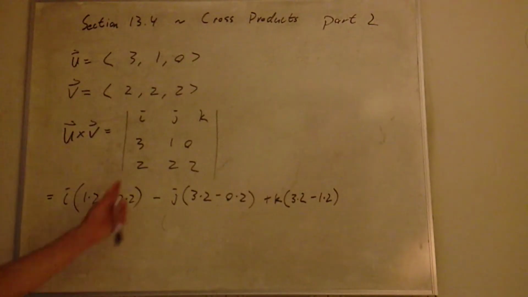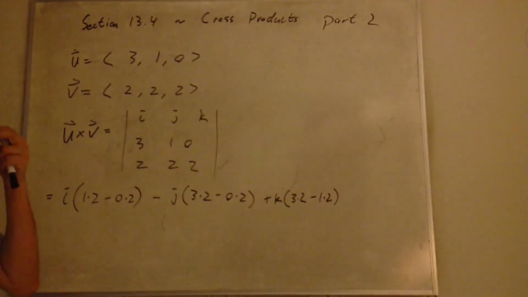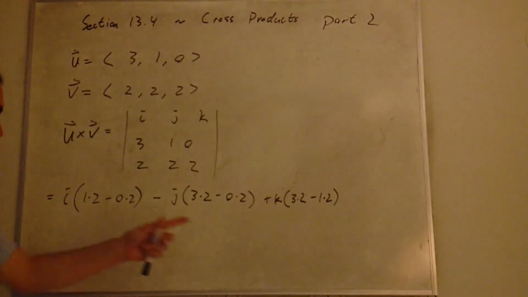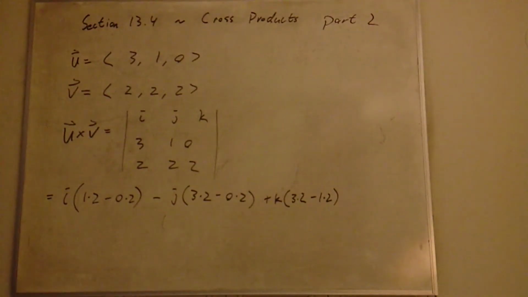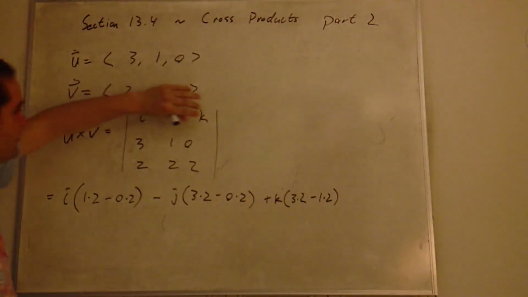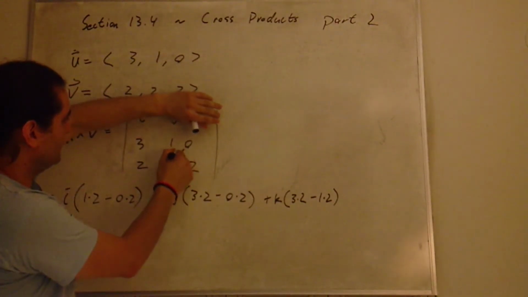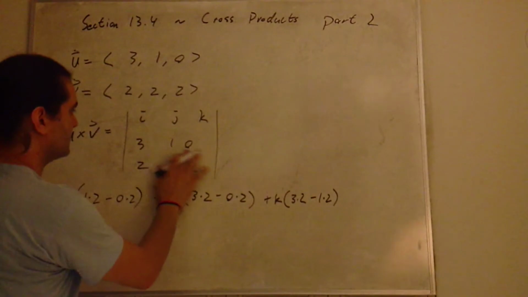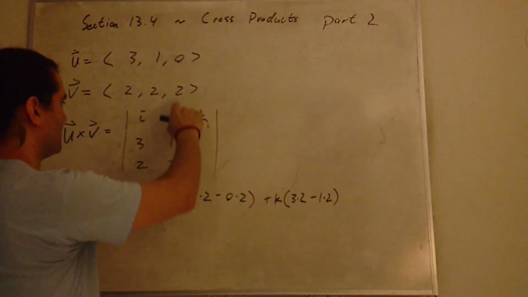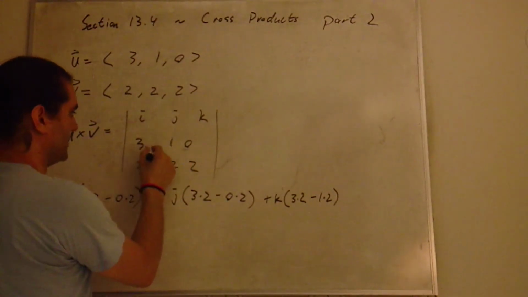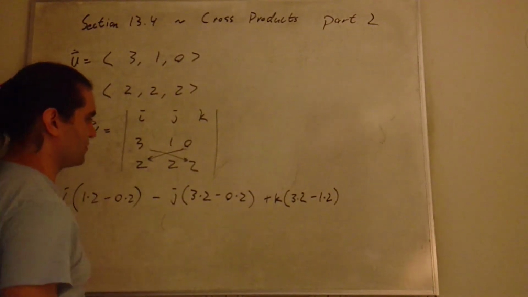I realize that using all 2's across the bottom does not illustrate where these numbers are coming from very well, but just remember that for the I piece, you cover up the row and column for I, and you look at those two products. For the J piece, you cover up the row and column for J, and you look at those two products.